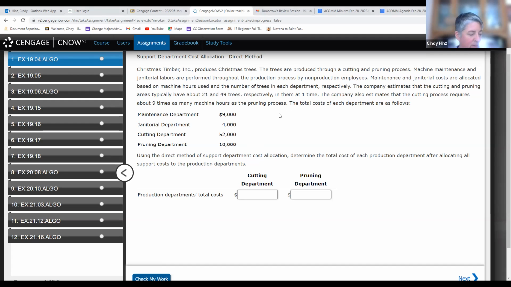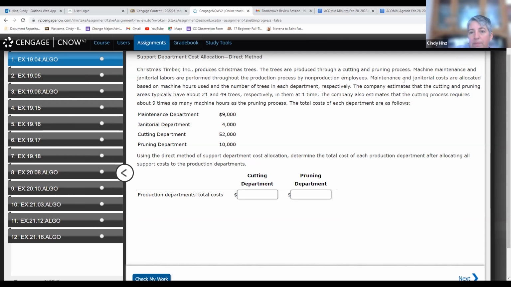So the request was that we start with exercise number 1 in this set. We're not going to have time to go through all of them, but we'll go through a few of these based on what people who are here are asking to cover. This is a company that is going to allocate their support departments using the direct method. That means the support departments are allocated directly to the production departments. They are not allocated to other support departments at all.